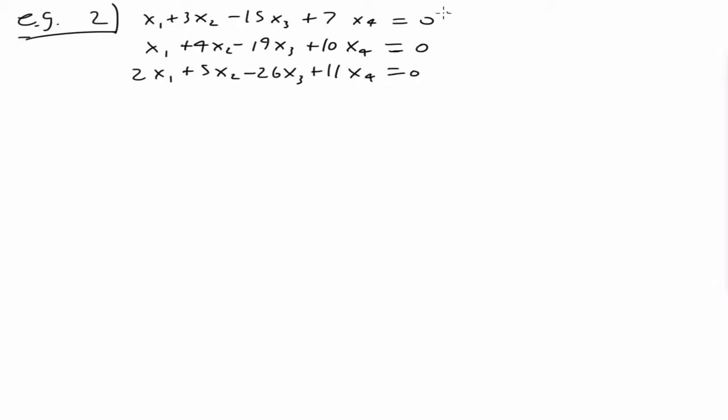So this is a special type of linear system. This is what's called a homogeneous linear system, and that's because it's equal to 0 on the right-hand side. And so when we write our matrix, this right-hand side we don't even need to write because it's always going to be 0 in that column.